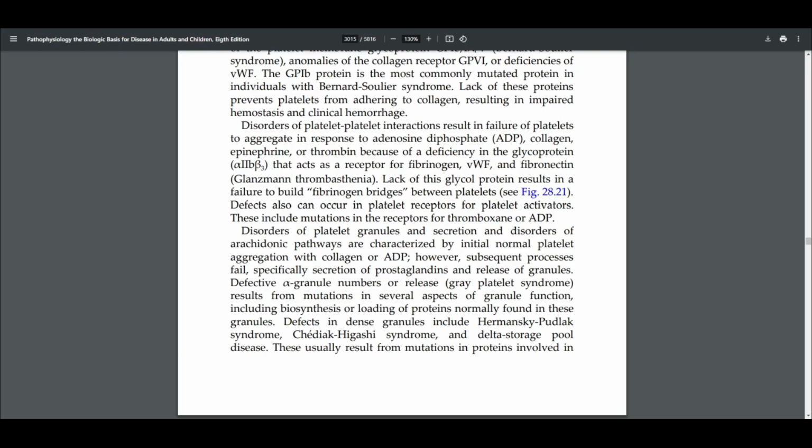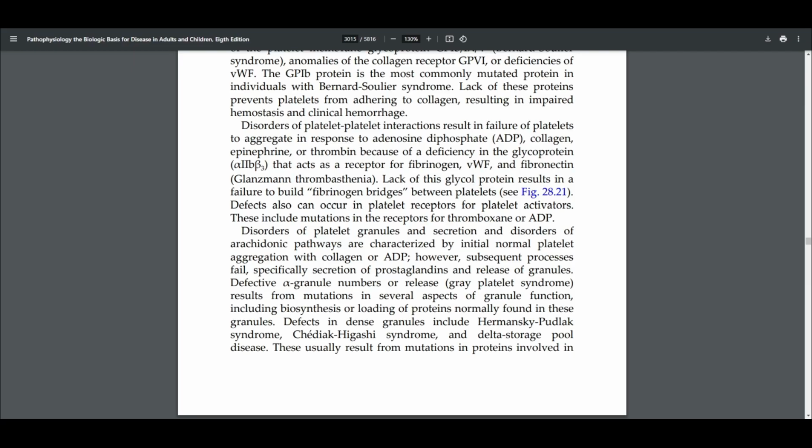Disorders of platelet granules and secretion and disorders of arachidonic pathways are characterized by initial normal platelet aggregation with collagen or ADP. However, subsequent processes fail, specifically secretion of prostaglandins and the release of granules, with defective alpha granule number or release. This results from mutations in several aspects of granule function, including the biosynthesis or loading of proteins normally found in these granules.